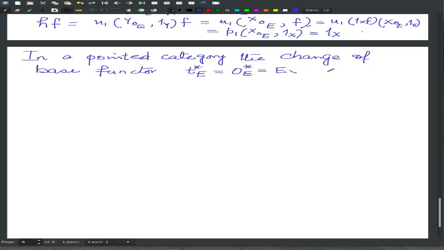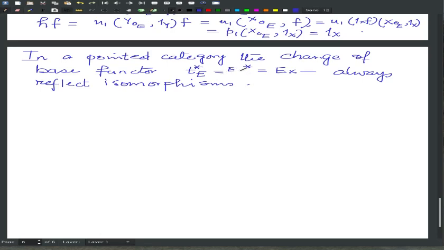This one always reflects isomorphisms. No, this is not 0E, this is from E0, sorry.